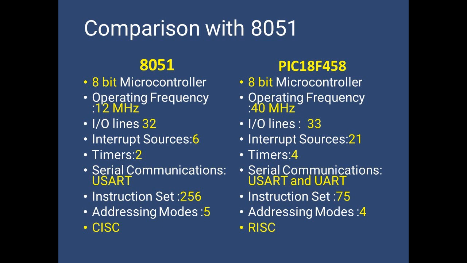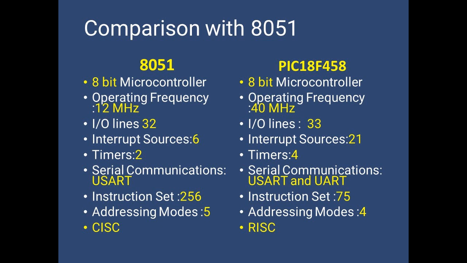Now here I want to point out one thing. In PIC 18, we have 75 instructions, whereas in 8051, we have 256 instructions. It doesn't mean that PIC 18 is a less powerful microcontroller, and it doesn't make the 8051 more powerful.